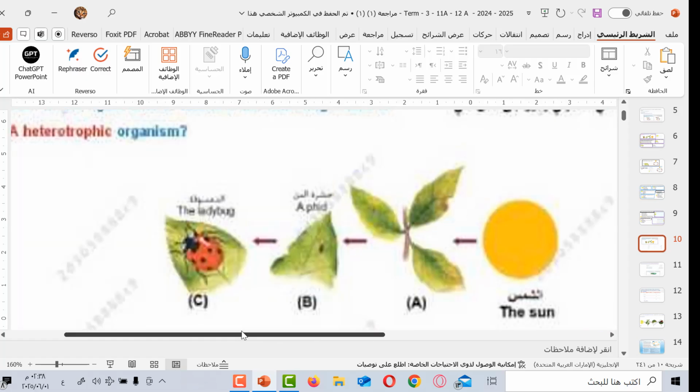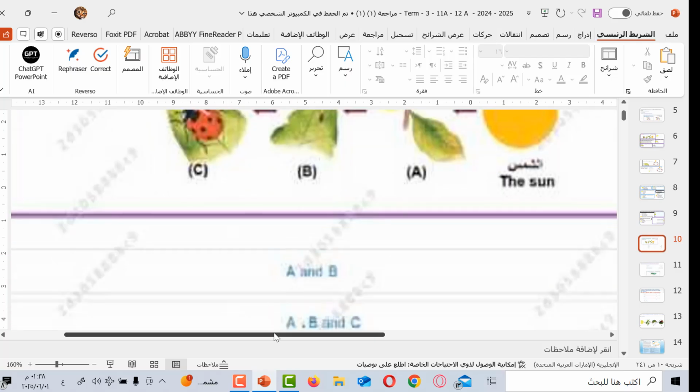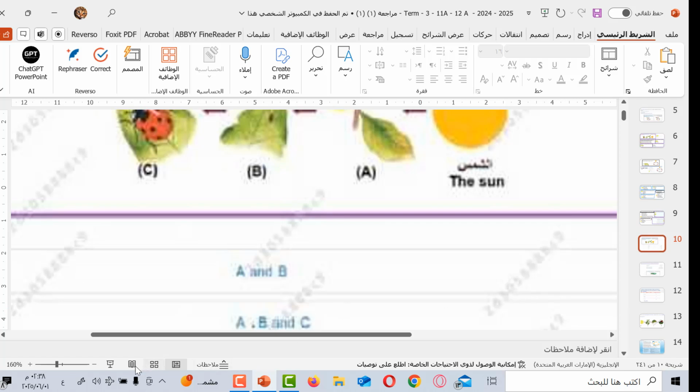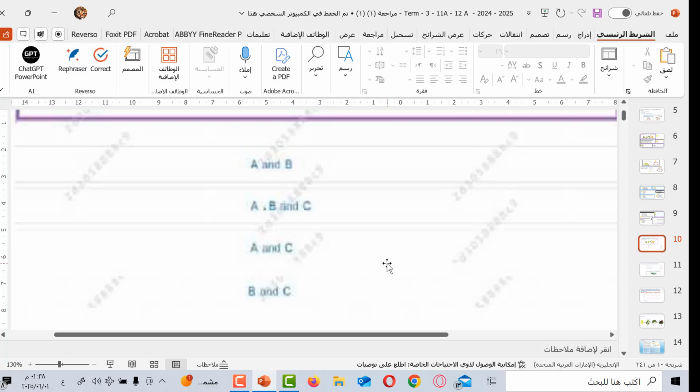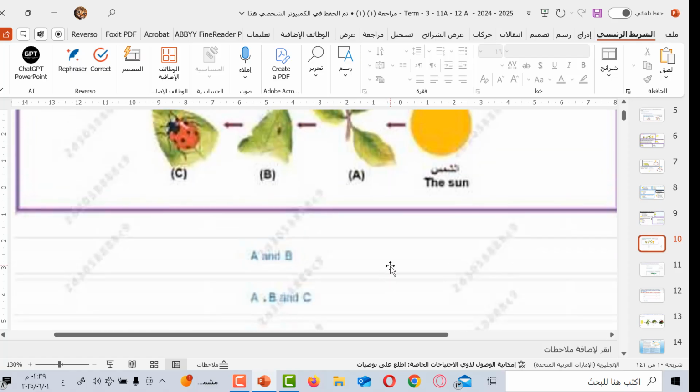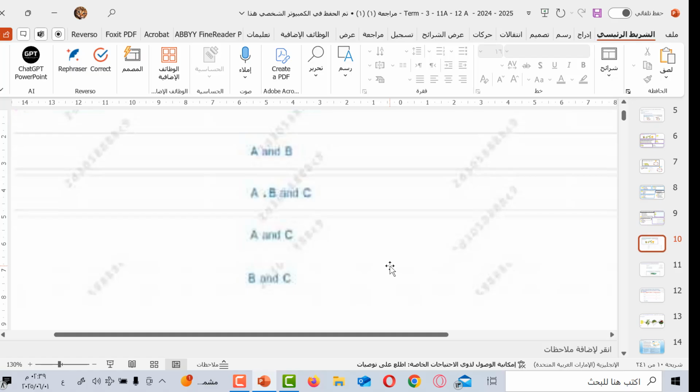Heterotrophic means the organism which cannot make its own food. Okay, that will be C and B, heterotrophic. Sorry, it will be C and B, autotroph, heterotroph. B and C.